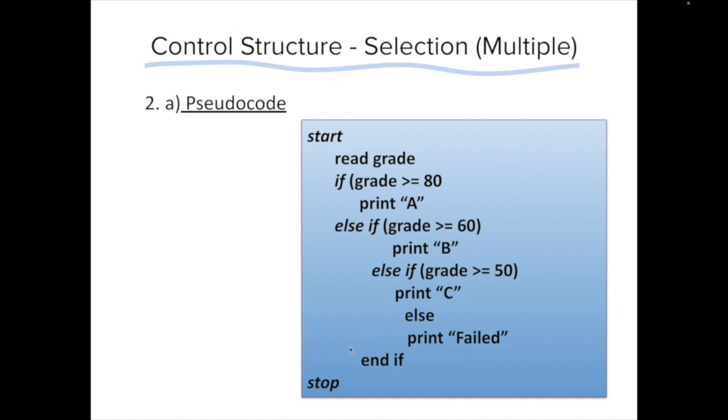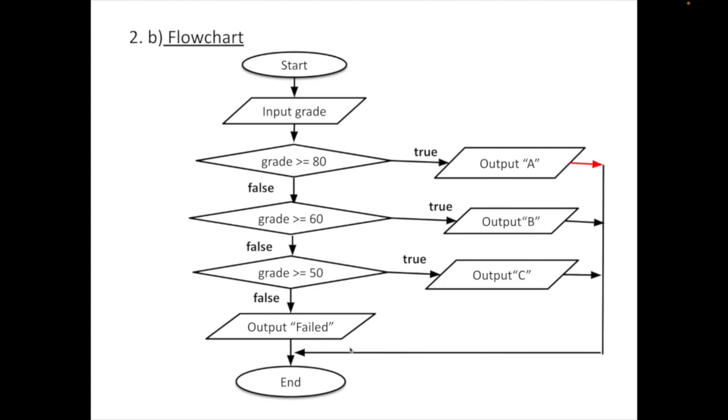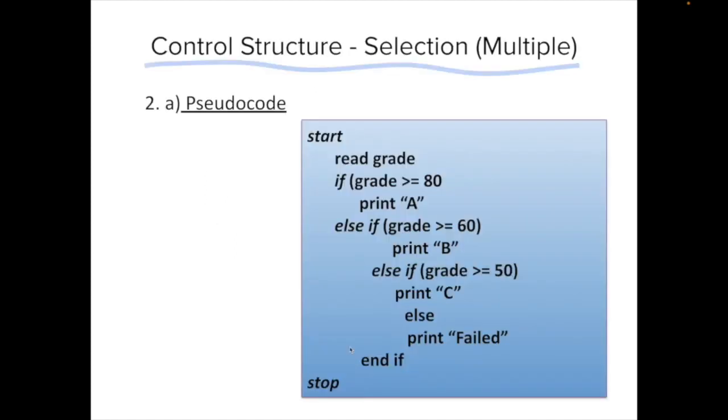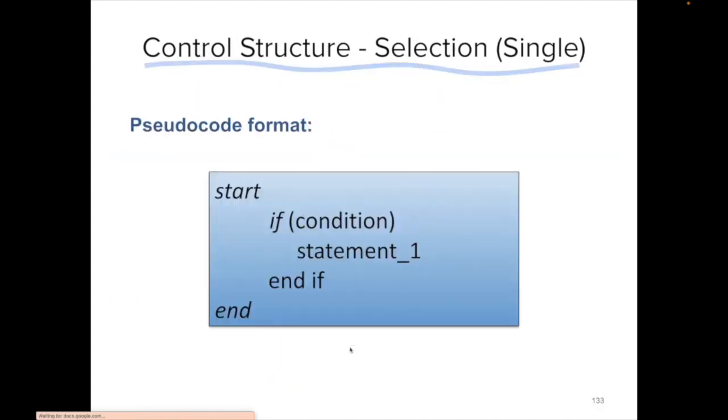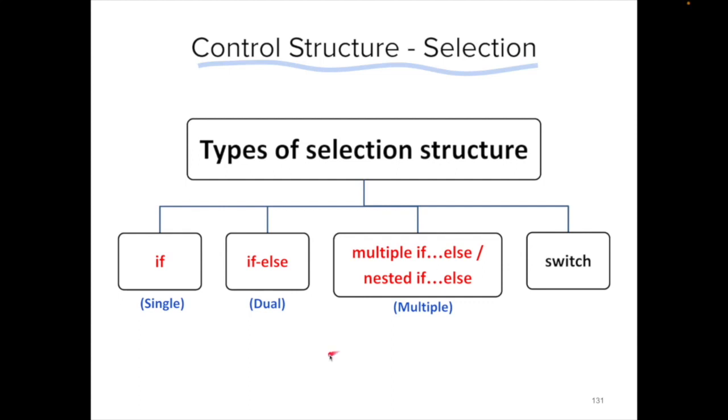Okay. So, itulah orang kata control structure untuk selection. Ingat ada 3 jenis. Okay, ada 3. Dan jangan lupa saya dah uploadkan exercise sheet 3.2 dekat you punya GC. Sila buat.